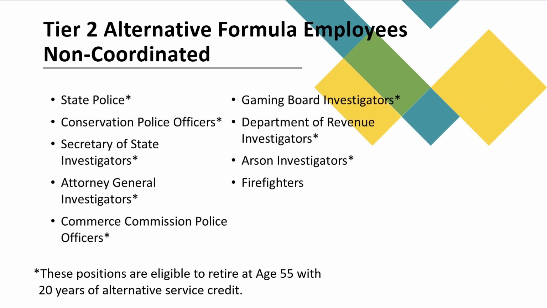Displayed here is a list of those folks who can retire at age 55 with 20 years alternative service credit. You'll see the majority of these are identified with the designation that they are considered sworn, or most likely they have to carry a sidearm.